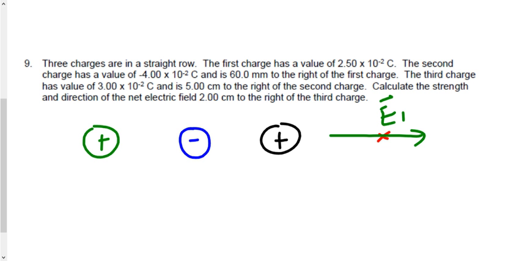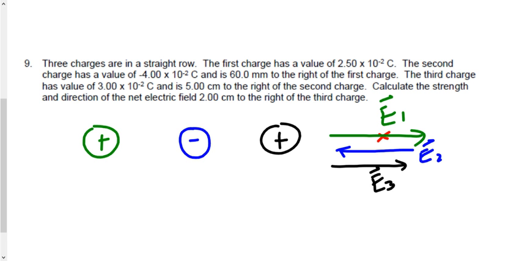The one caused by number 2, the blue one, is to the left. It's toward the negative. Fields always point towards the negative producer. And the third one, the black one, it's positive. So the field here points to the right again. That's away from the producer. Now, calculate all 3 of those values, add them up, make sure that E2 is negative, and you should get your answer here.